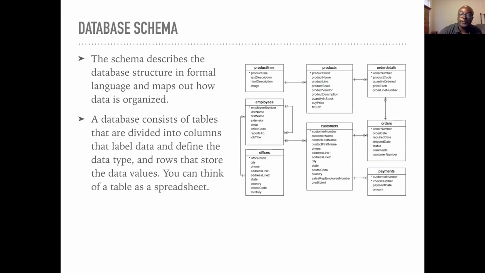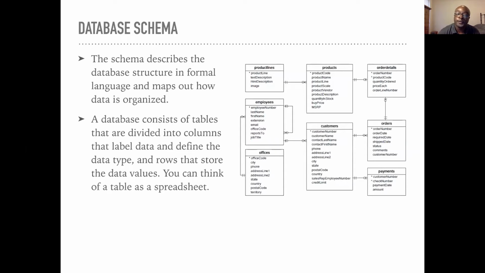So, the database schema. The schema is basically the blueprint of your database. It describes how your database is laid out and how the data is organized. In most databases, it's made up of tables, which are divided into columns and rows.